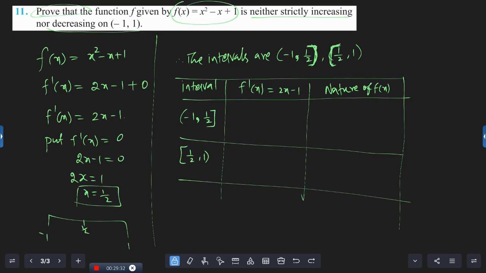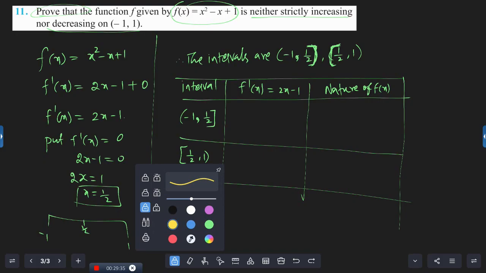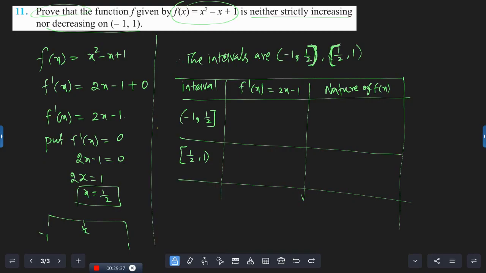Let's see now. So minus 1 above, 1 by 2 below, what can we take in between? Very good, 0 we will take. So f dash of 0 is equal to 2 into 0 minus 1, which is equal to minus 1, that is less than 0, decrease.